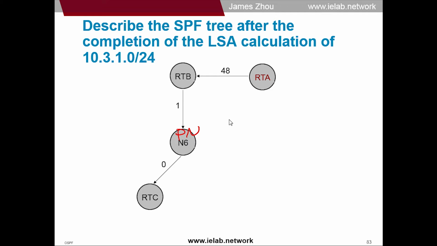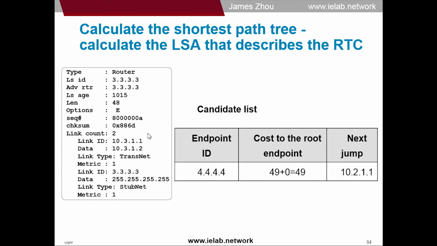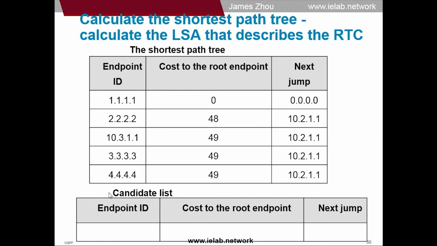Check RTC's LSA1. Now you check the transit network 10.3.1.1. The pseudonode is already in the path list, so ignore this. Stub networks are ignored in stage 1. So RTC is done. Now RTD is put into the path list.